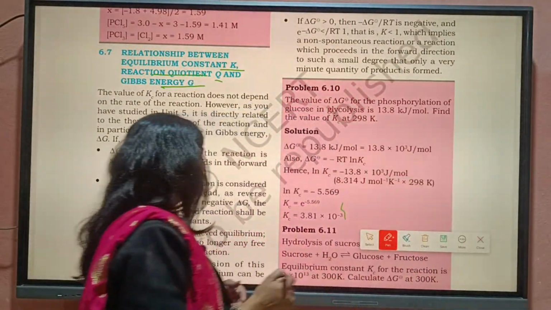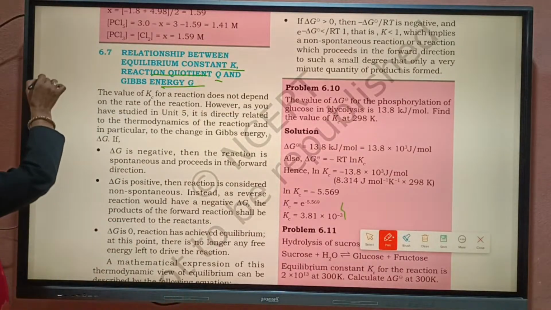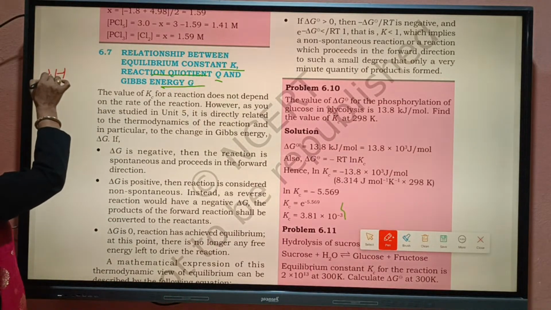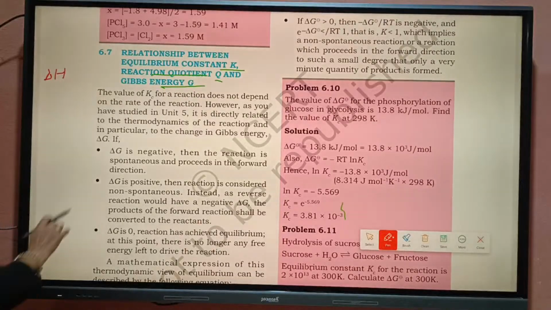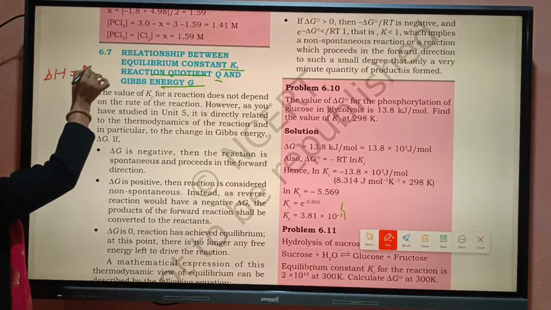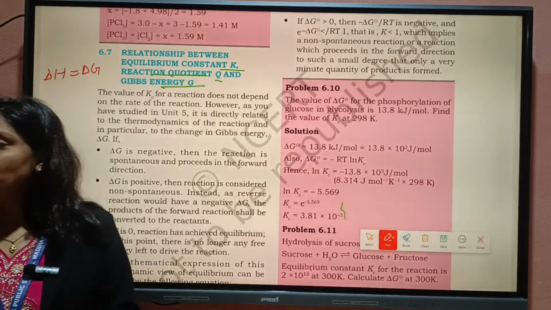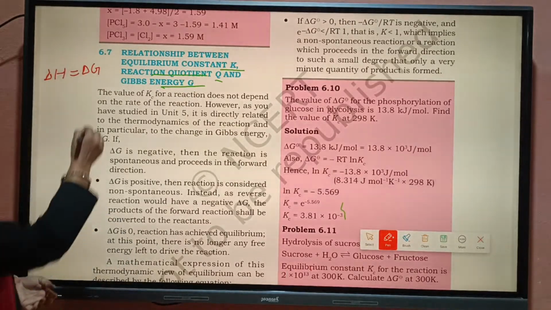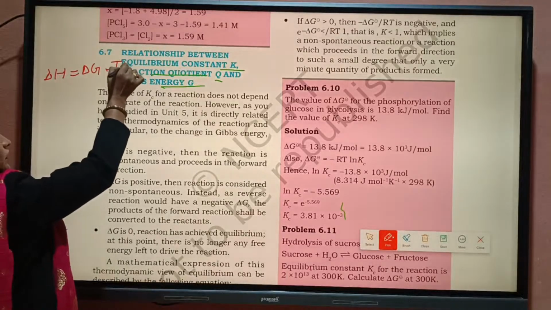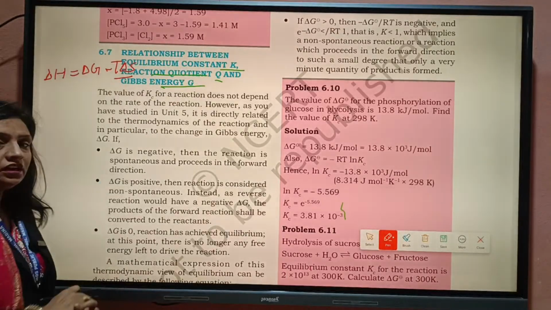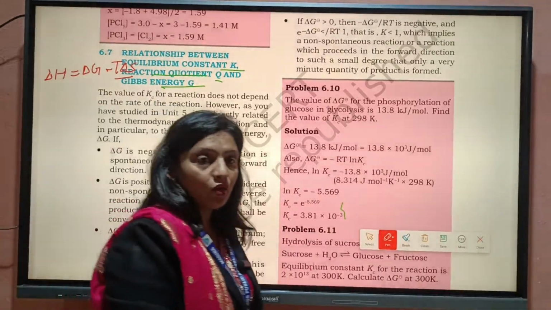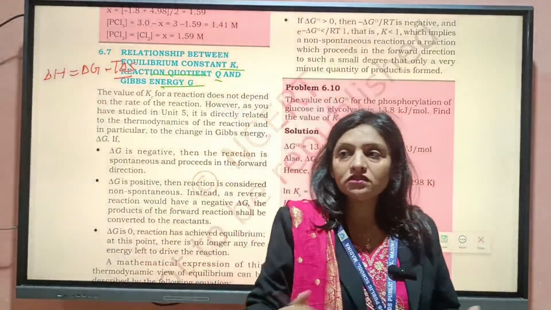Like students, if any system has total energy del H, only this one energy is used in doing work, and the extra energy will increase the entropy only, it will create disturbance only.